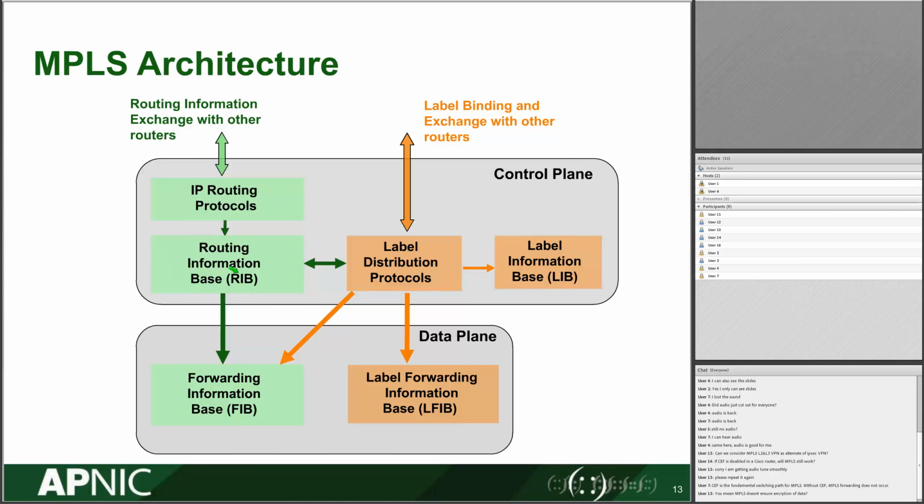Why do you still need OSPF? Because OSPF can generate the routing information base, RIB, and when LDP generates a path and allocates the labels, the path is based on OSPF. This is an example. So the routing information base is useful for our label distribution protocol.